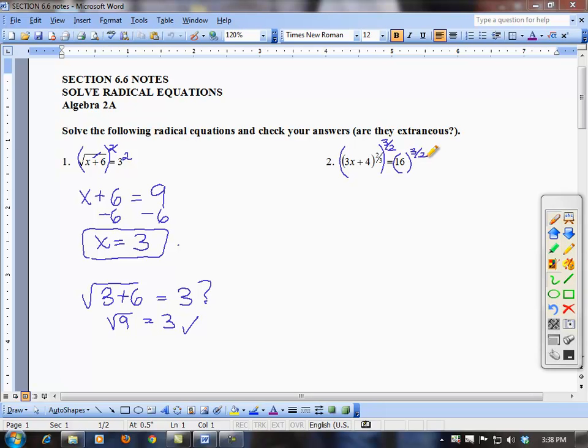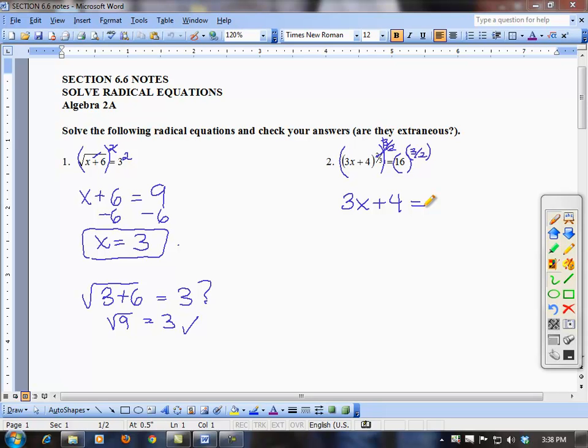The one thing that I would suggest to you, when you put 16 to the 3/2 in your calculator, is that you put 3/2 in parentheses, or you could say 1.5 instead. As I look at this, on the left side, 2/3 power raised to a 3/2 power will cancel out because they're reciprocals. So on the left side, I have 3x plus 4.